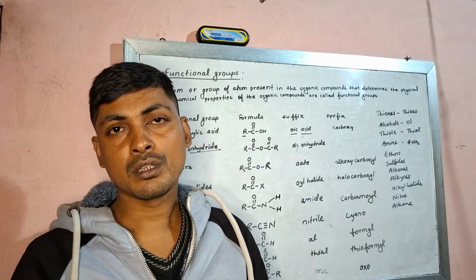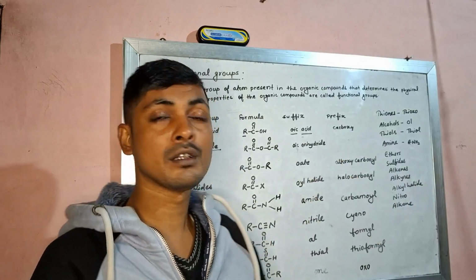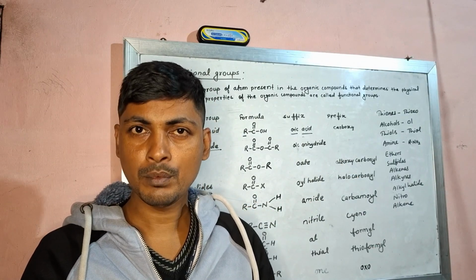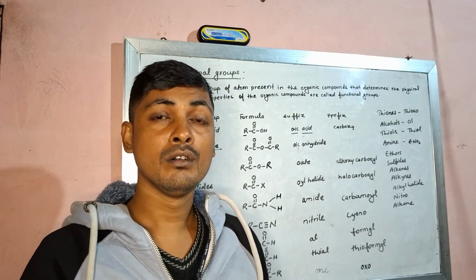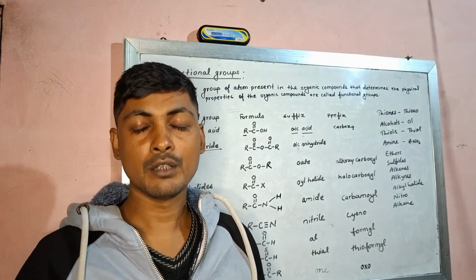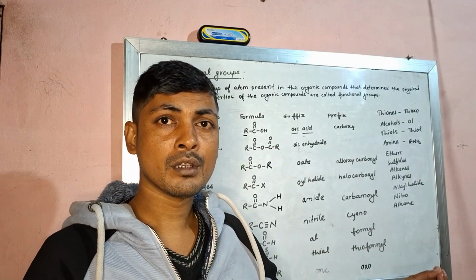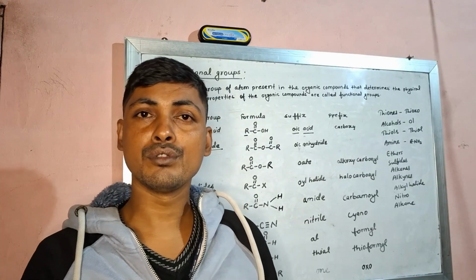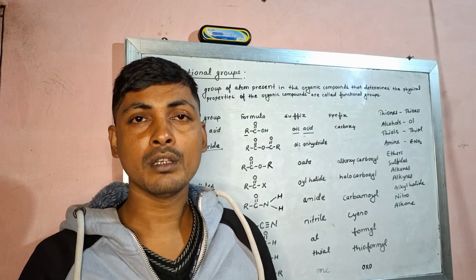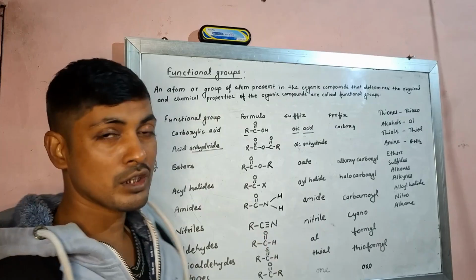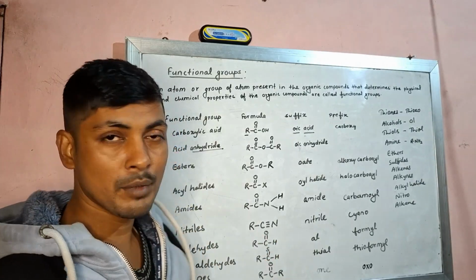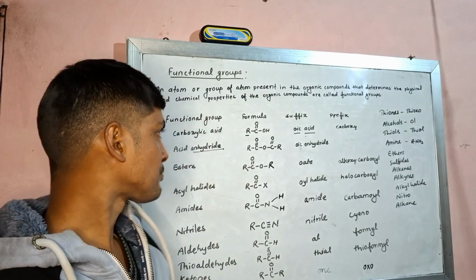When do we have to use the suffix for a functional group, or the prefix for a functional group? In what condition do we have to use a suffix word? In what condition do we have to use a prefix word for any functional group? We will discuss that one by one.